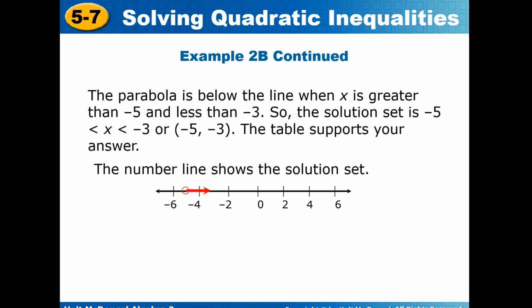The solution set is that x is greater than -5, but less than -3. So it's just that tiny area in here. All right, from the -5 to the -3 that's included in our solution set.